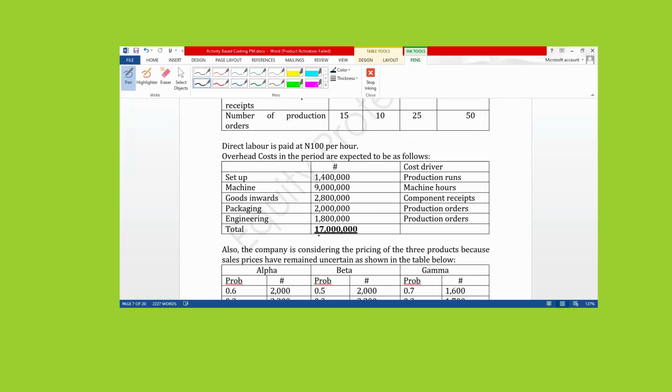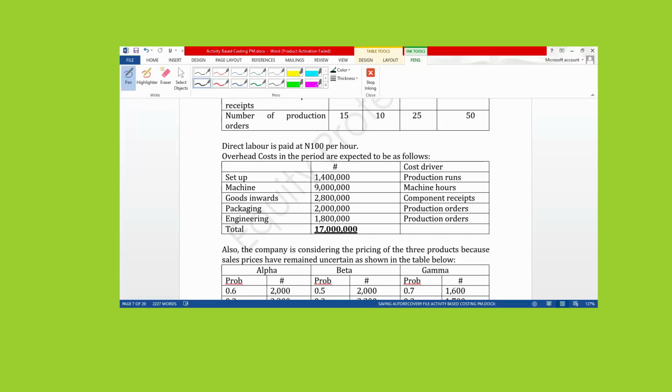The company uses labor hour to allocate the overhead under the traditional costing. That was the explanation we tried to buttress. Under the prior product costing, overhead is allocated using a single factor, which is labor hour or machine hour. In this question, the examiner says we are using labor hour.